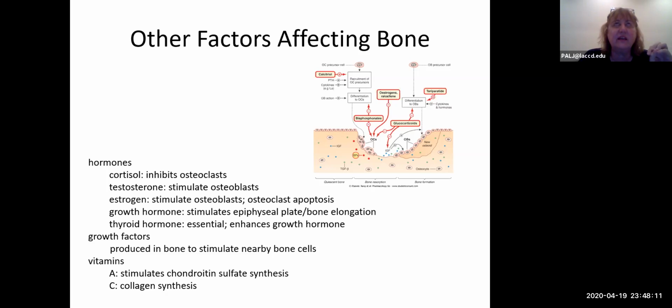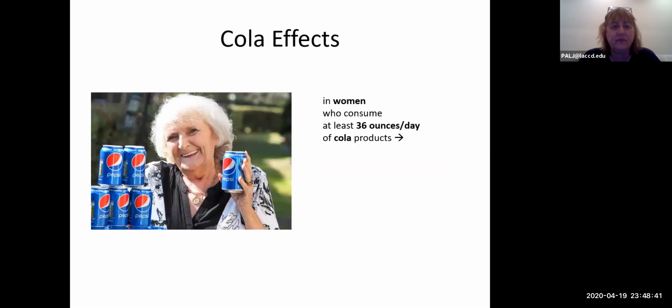Estrogen actually explains why women, I'll talk about it later when I talk about osteoporosis, okay? Growth hormone and thyroid hormones, which are normal hormones for growth, they both are going to have to do with making bone as well. And then, of course, chondroitin sulfate, which requires vitamin A, and then the collagen, I think we talked about previously, that requires vitamin C for normal collagen cross-linking.